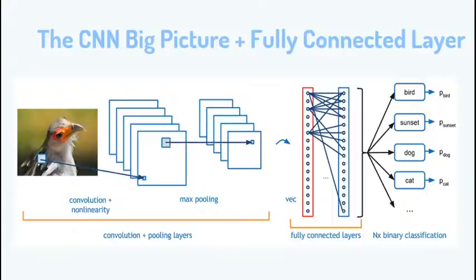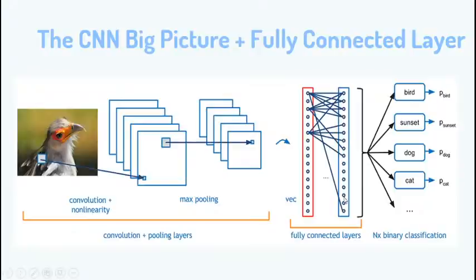For example, you can see the picture. The first neuron in my vector form will be connected with all the neurons in the next hidden layer. That is called a fully connected layer. So after maximum pooling, I convert the output into a vector and feed it into fully connected layers.